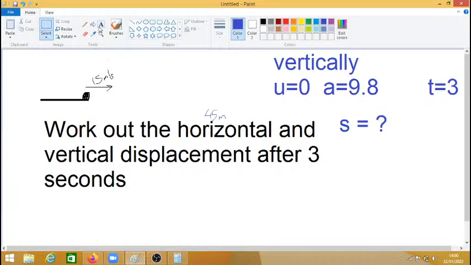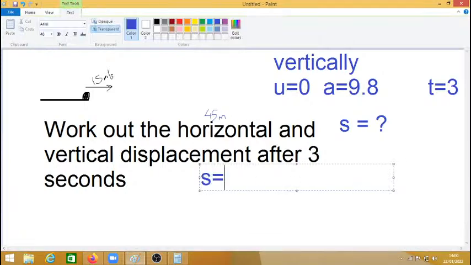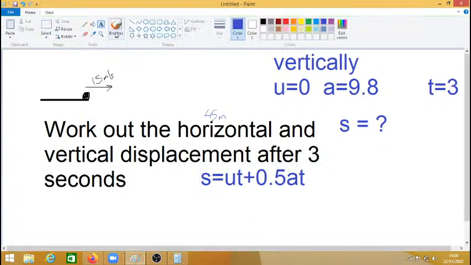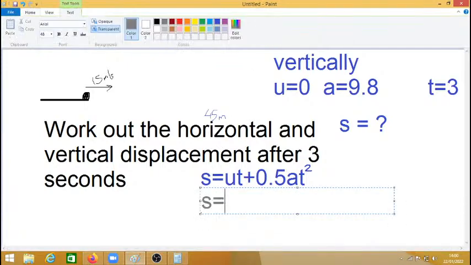So we can try the same formula that we did before. Sorry, s equals ut plus half at squared. Okay, and you should be confident now. You've seen it a couple of times. Just substitute in. So in this case, we've got u is 0 times time of 3. Because u is 0, that makes that whole thing 0, plus 0.5 times the acceleration of 9.8 times time squared.